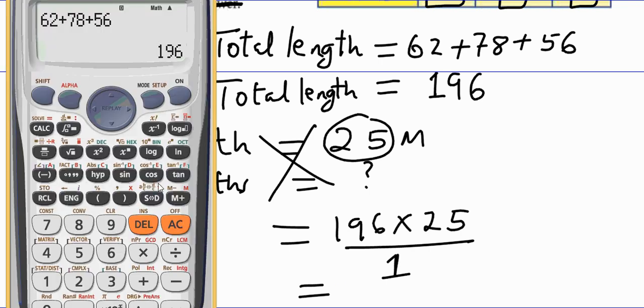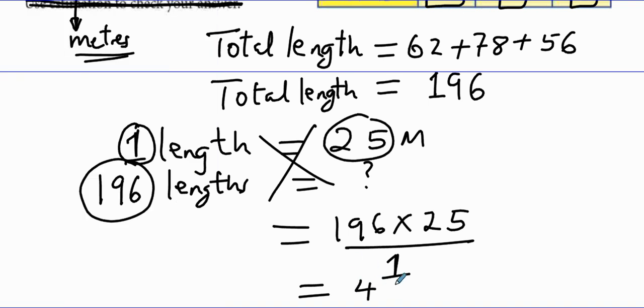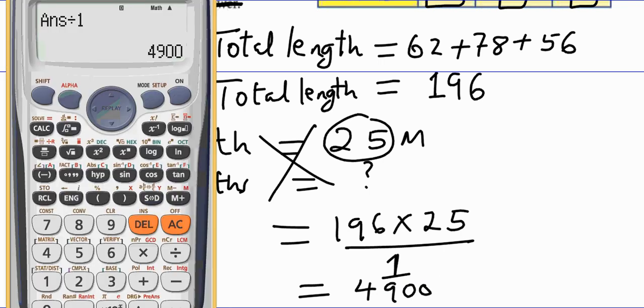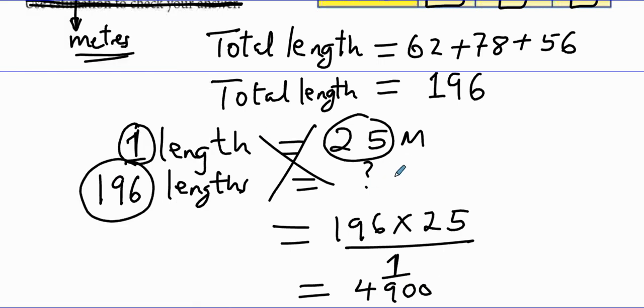You take your calculator, you do 196 multiplied by 25. The answer you get, you divide by 1, you still get the same thing: 4900 meters.